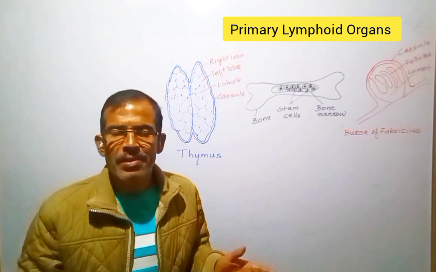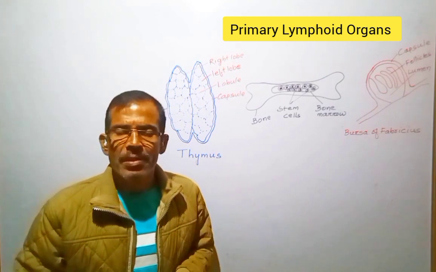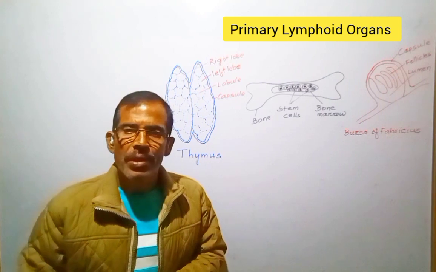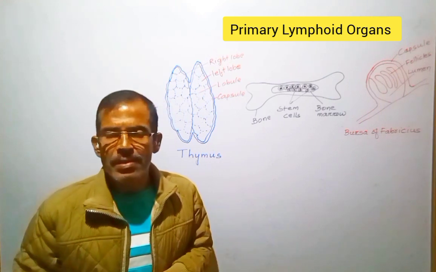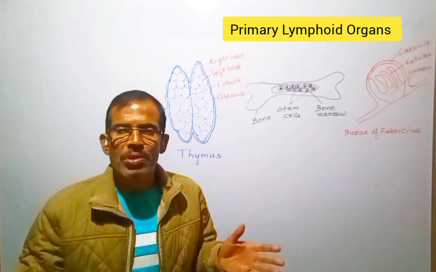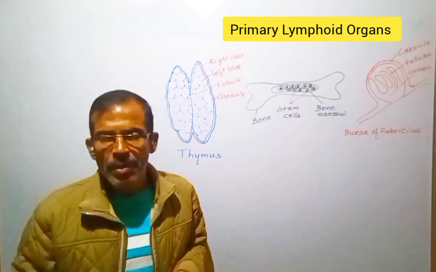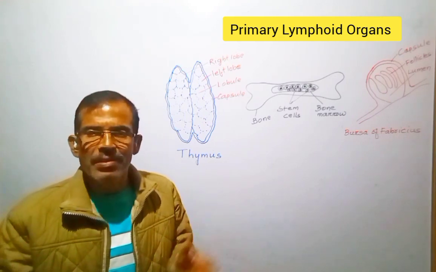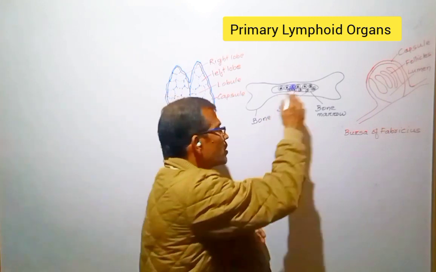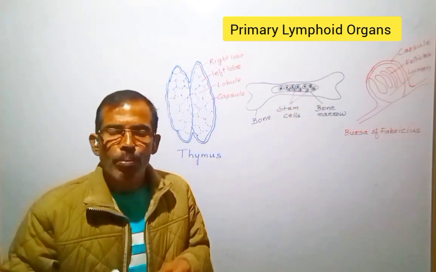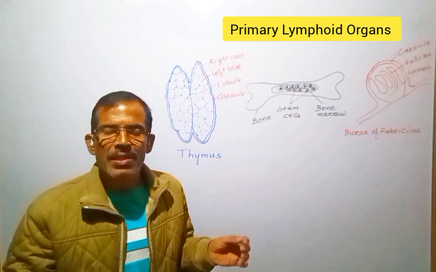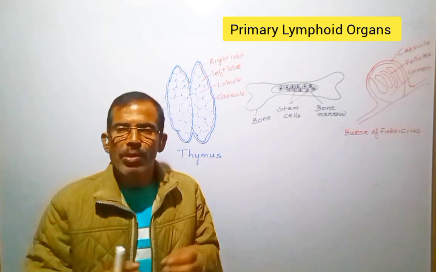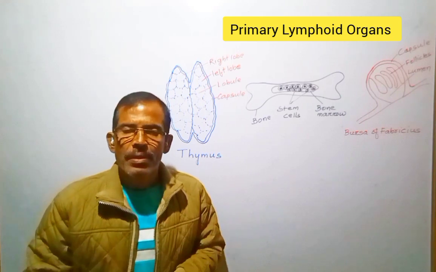From these stem cells, all types of blood cells such as red blood cells and white blood cells, which include granulocytes, lymphocytes and monocytes, are all derived. In addition, thrombocytes, also called platelets, are derived from these stem cells. In bone marrow, B lymphocytes proliferate, differentiate and mature to become immunocompetent.